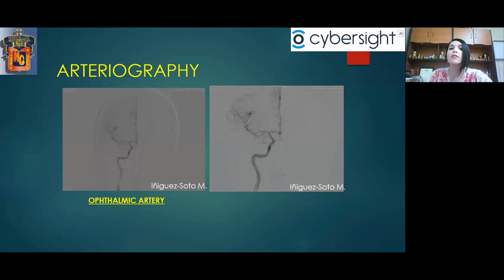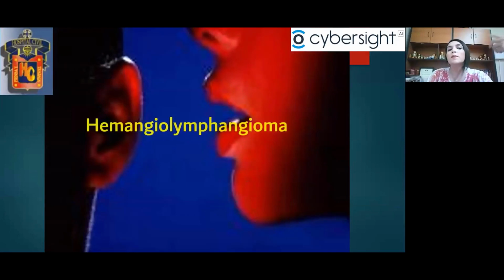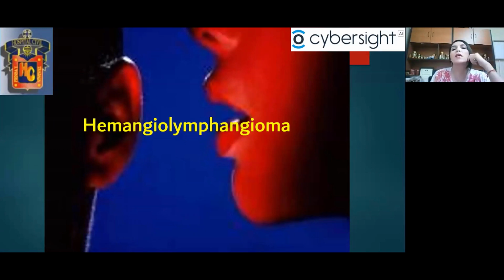So we must go in and take out the tumor with an open biopsy. He is not a good candidate for sclerotherapy. And with the images and the history, we can think that the lesion is a hemangiolymphangioma.